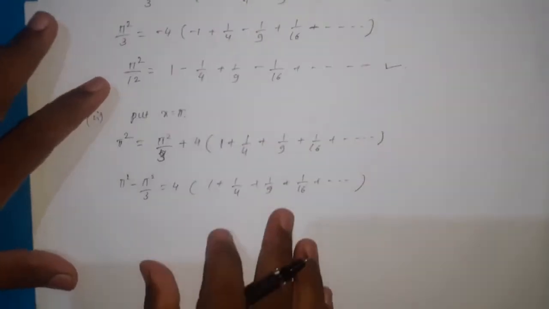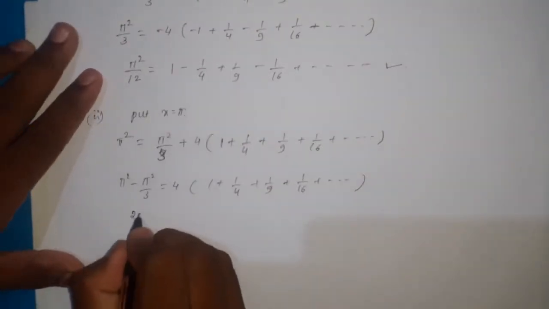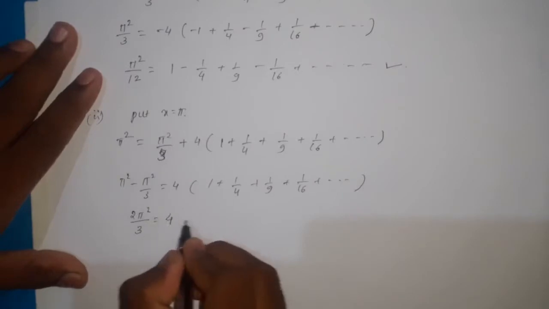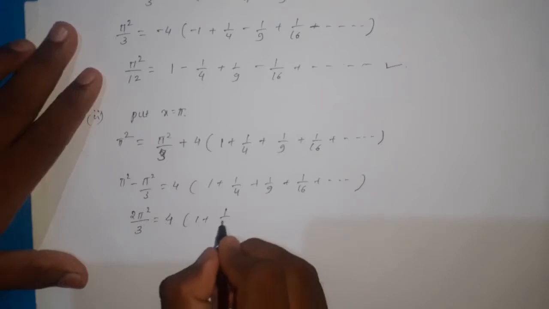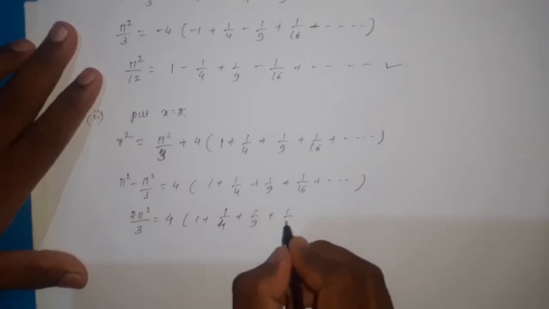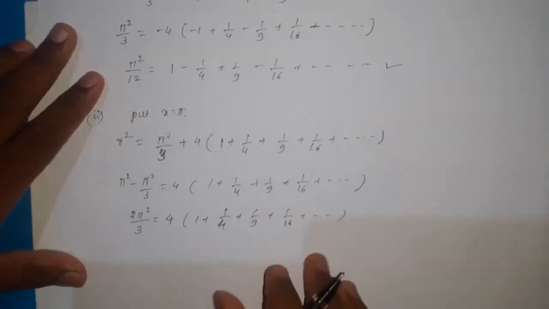So pi square minus pi square by 3, that is 2 pi square by 3, is equal to 4 into 1 plus 1 by 4 plus 1 by 9 plus 1 by 16 and so on.